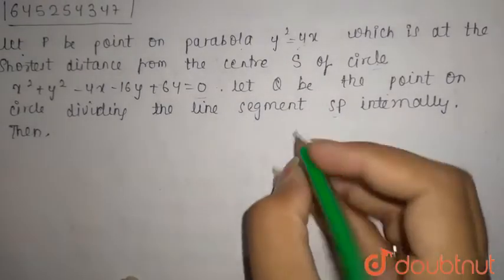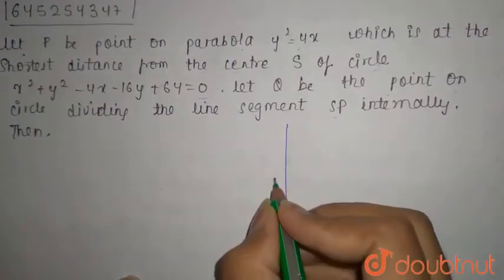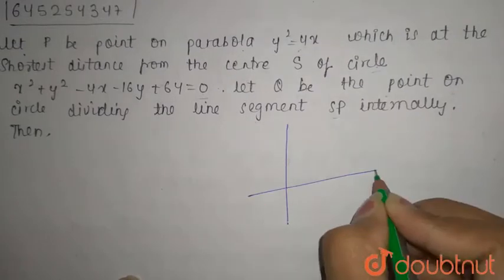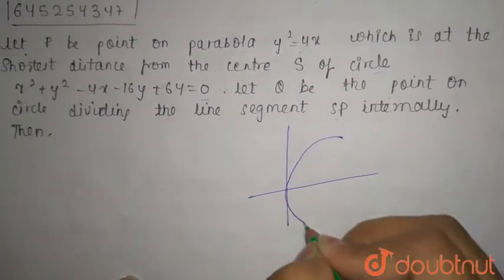So let's make a figure. This is your axis, and let this be your parabola, y squared equals 4x.